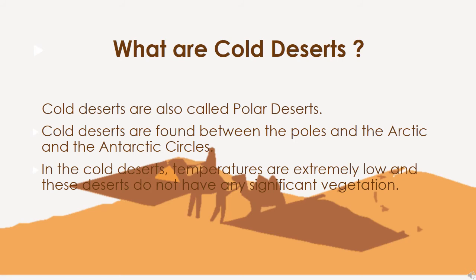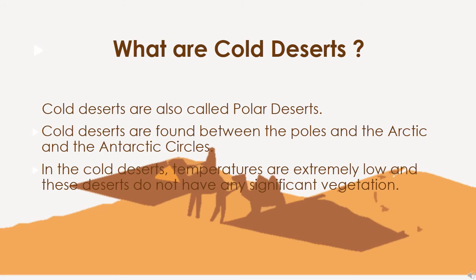Now, cold deserts are also called the polar deserts. Cold deserts are found between the poles and the Arctic and the Antarctic circles. In the cold deserts, temperatures are extremely low and these deserts do not have any significant vegetation because the soil is frozen throughout the year and hence there cannot be any vegetation significantly growing there.